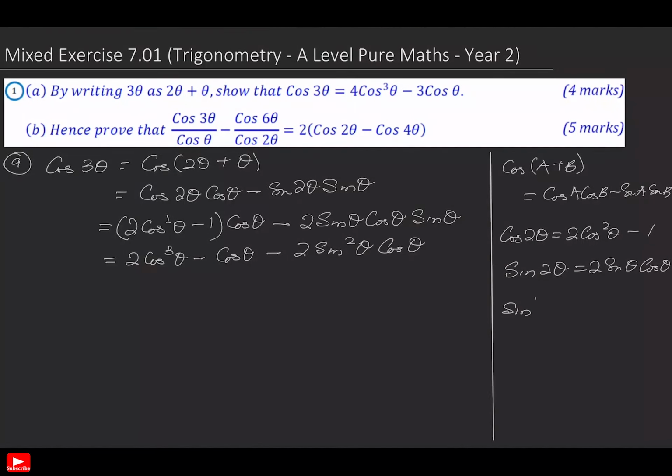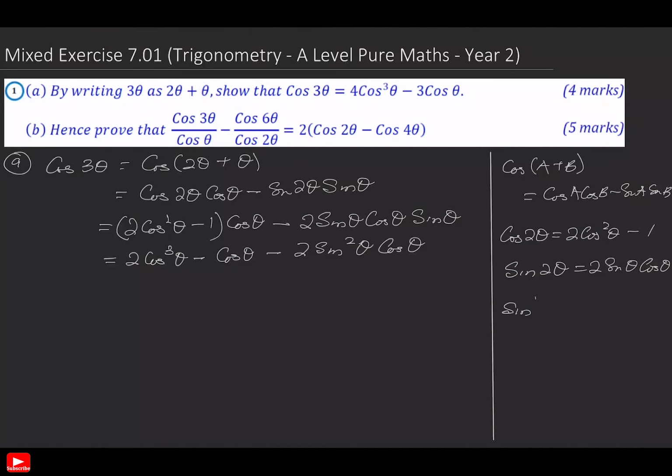We can use a similar identity to this one to rewrite cos 6 theta. If we replace 3 theta with 6 theta, then we can replace theta with 2 theta over here. So the identity that we are going to use will be cos 6 theta is equal to 4 cos cubed 2 theta minus 3 cos 2 theta.